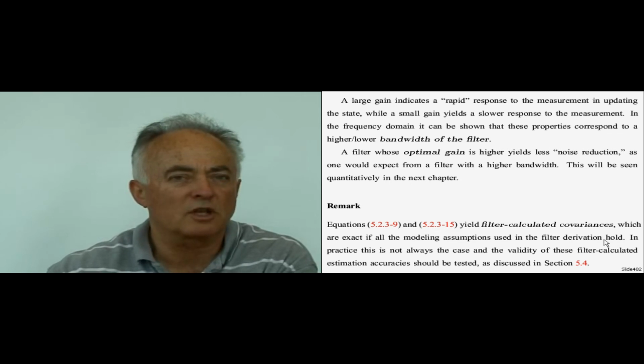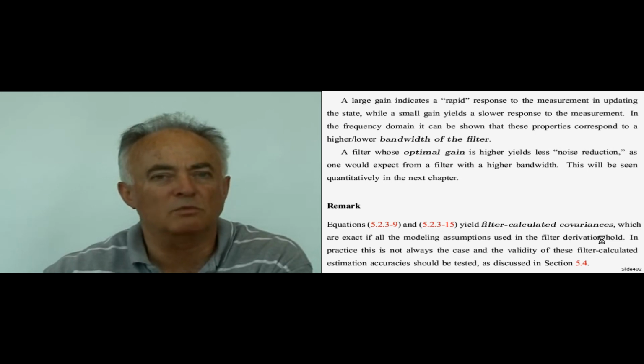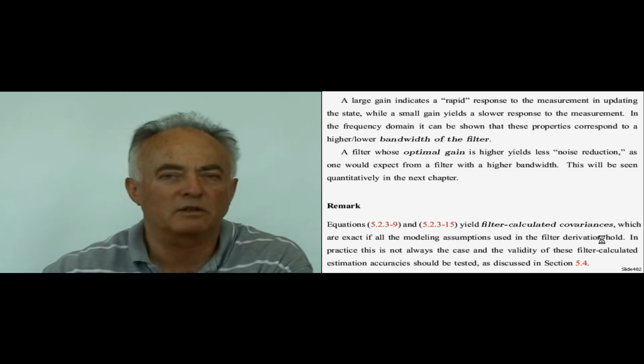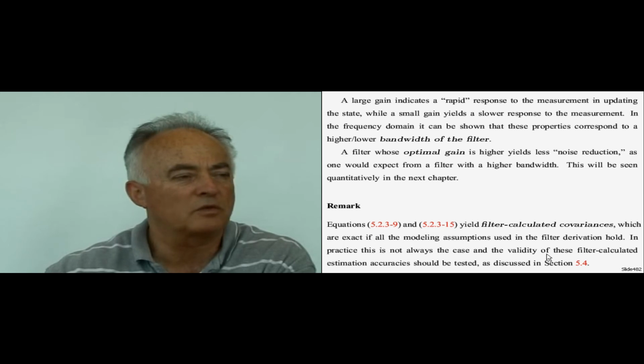You have the exact state model, exact measurement model, and the correct noise covariances, and the noises have the statistical properties as we assume, zero mean white, and similar assumption on the initial state. In practice, this is not going to happen always, and the validity of these filter calculated estimation accuracies should be tested, and that we'll discuss later in this section.